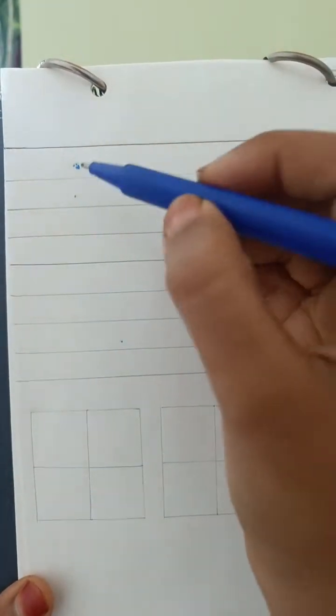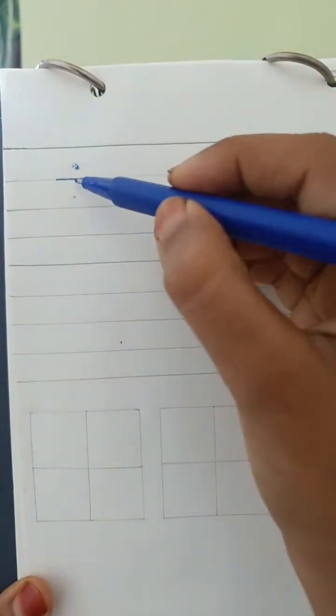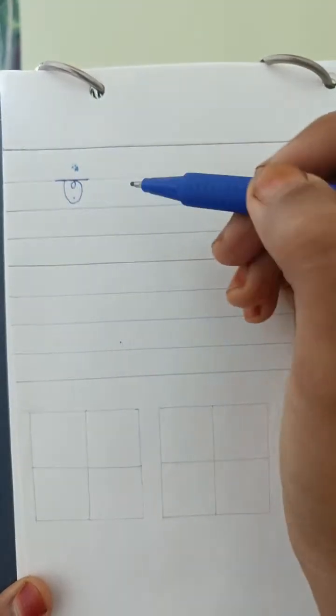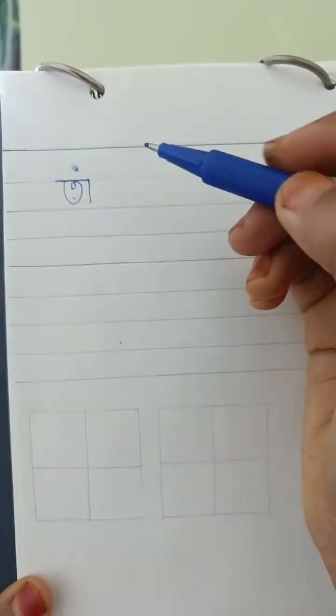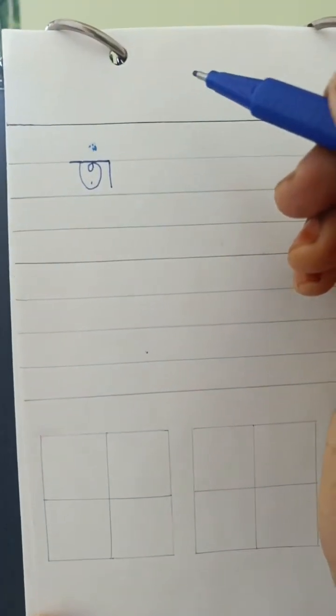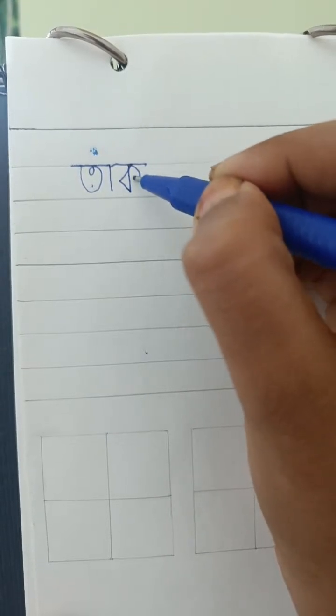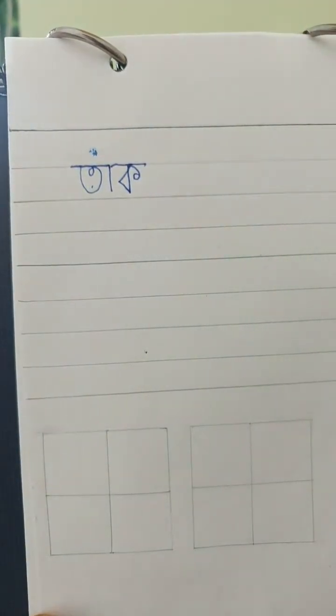So if I'm writing tak, I'll go like this. Is it in focus? Okay. Toyakar. Okay, closer. Ko. That's tak.